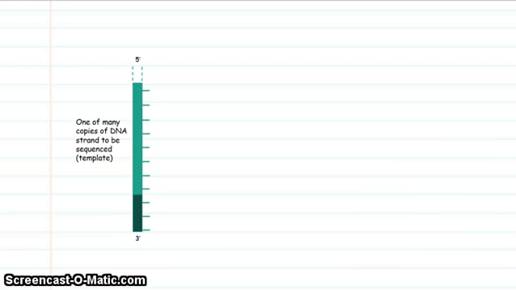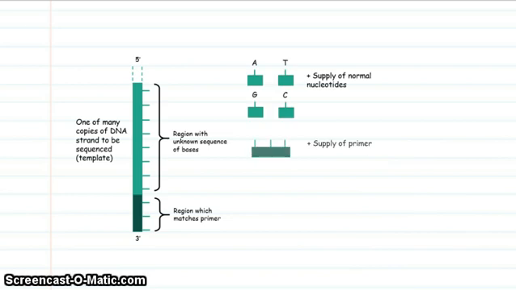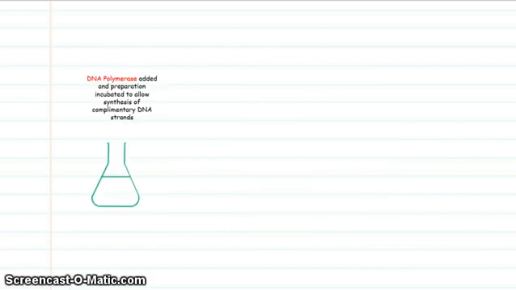So here we are in the process. There's our copy of the DNA strand to be sequenced, or our template strand. The short sequence at the bottom matches with the primer. And here's the region which we are trying to determine in terms of the sequence of bases. We have our supply of normal nucleotides, we have a lot of primers, and we also have our supply of modified nucleotides. That reaction mixture is all mixed together and allowed to proceed.